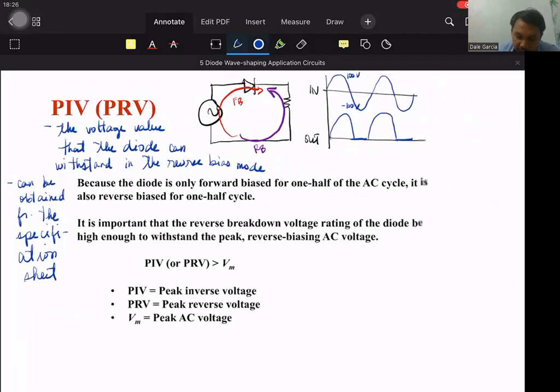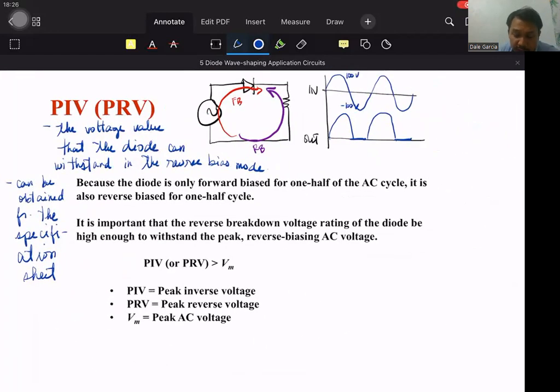Okay. Because the diode is only forward bias for one half of the AC cycle, it is also reverse bias for the other half cycle. It is important that the reverse bias breakdown voltage rating, this is the PIV or PRV, be high enough, no, to withstand the peak reverse bias AC voltage.